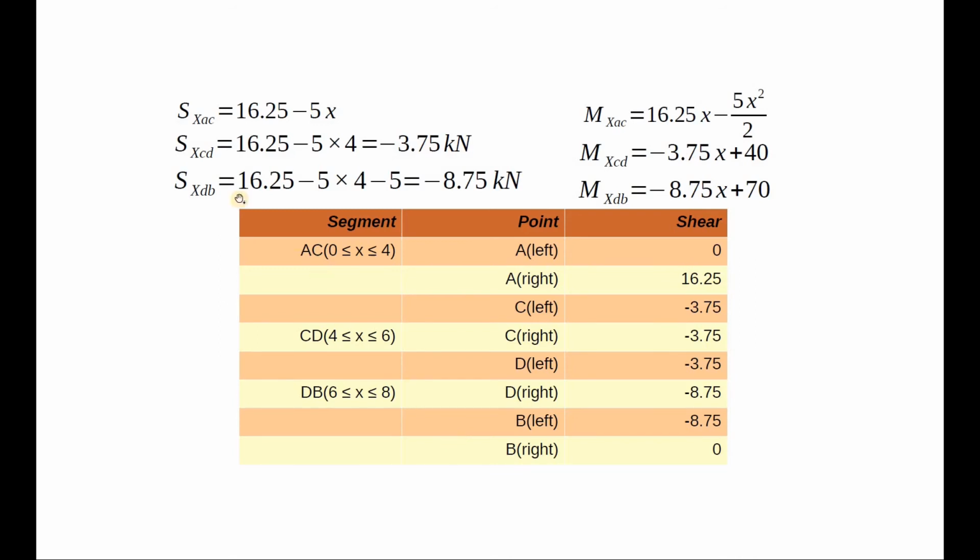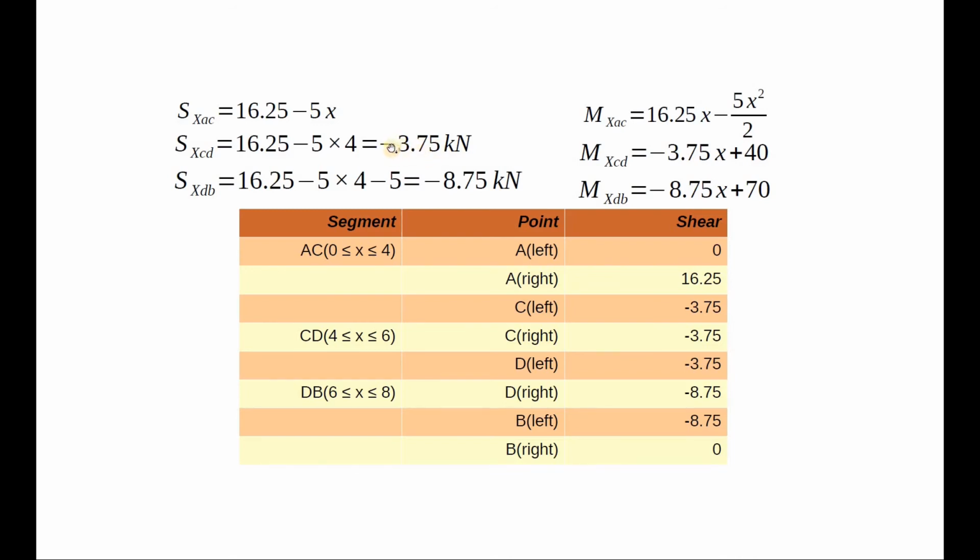Coming to the second segment, CD, the expression for shear force in this segment is 16.25 minus 5 into 4, giving us the constant value of negative 3.75. As there are no x terms, the variation of shear force is constant.